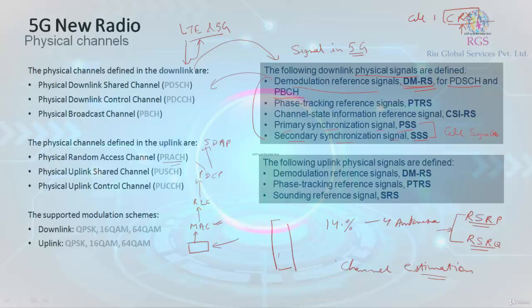But the difference is that in LTE, you perform channel estimation throughout the channel bandwidth. If I'm using a 20 megahertz channel, I'll be measuring the entire 20 megahertz to identify the RSRP and RSRQ.